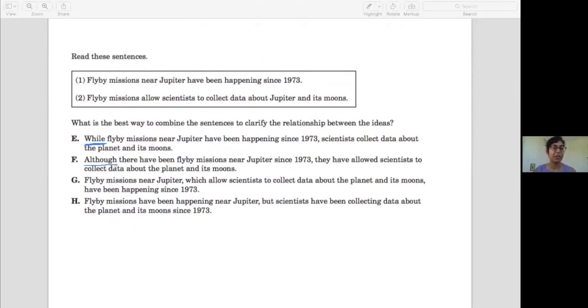And sometimes you don't even need them, right? Sometimes you use something like which, just shows that one sentence is kind of offering evidence or extra information for the other sentence, what the other sentence is saying. Okay.